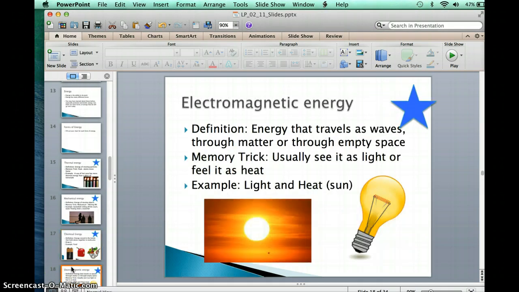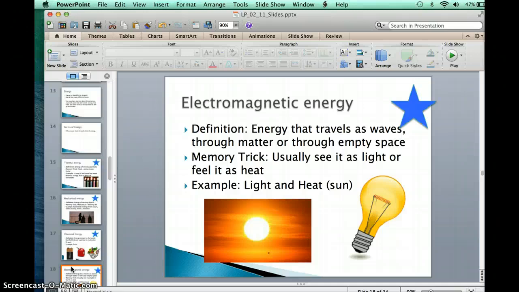Alright, the next one is electromagnetic energy. So this is energy that travels as waves, and it's either traveling through matter, so through something, or just through empty space. Usually this is any type of light or heat. Okay, so this often goes with thermal energy.